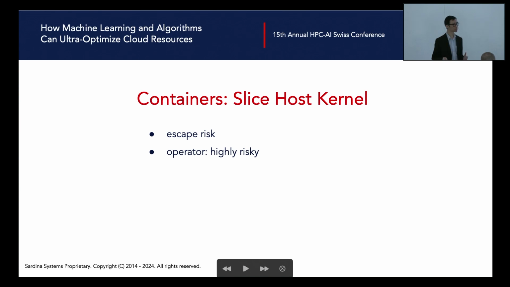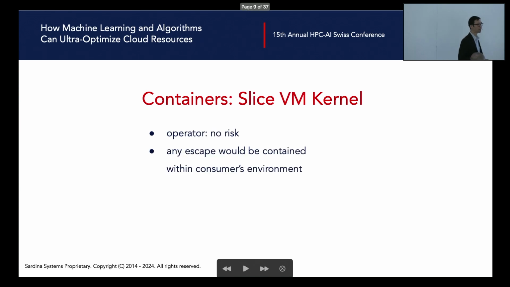They put the workloads inside a VM and let the containers run inside the VMs. Here, you're slicing a VM's kernel. And if there's any escape, it's an escape to one single kernel, which is dedicated to that particular service consumer.